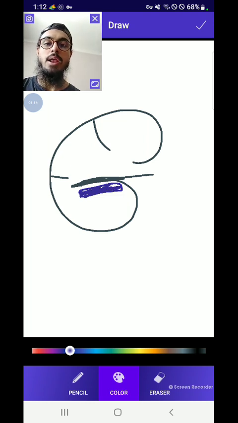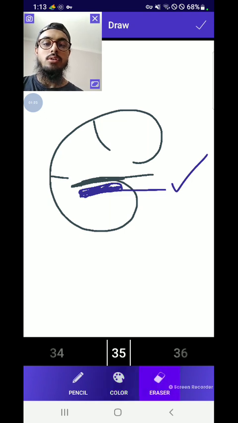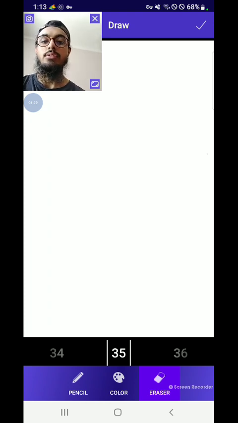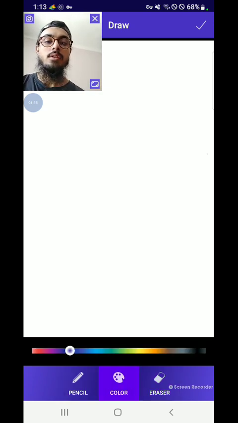Today my topic of discussion is this area. So I have to explain this area in the coronal section. I have to draw the coronal section at the level of the temporal lobe, and I explain it in detail. So first I draw the picture.